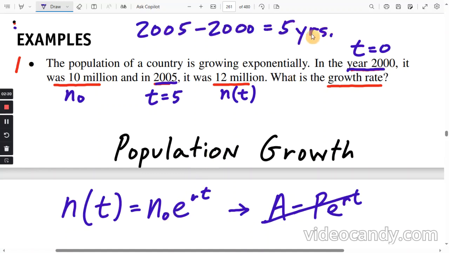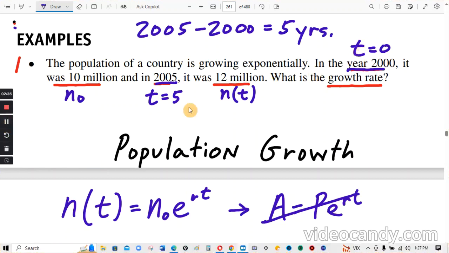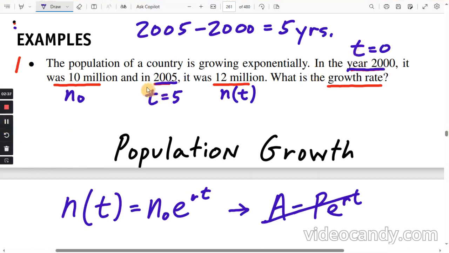So the year 2000 is t equals 0, and in 2005, that's t equals 5.